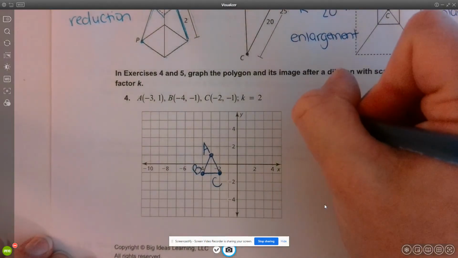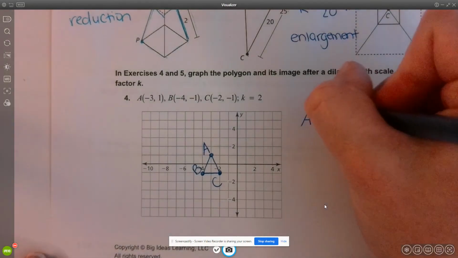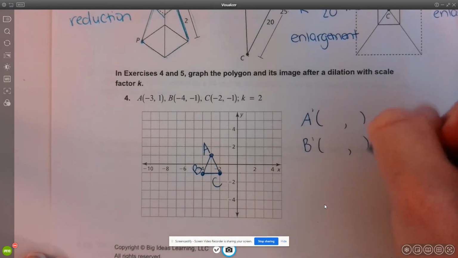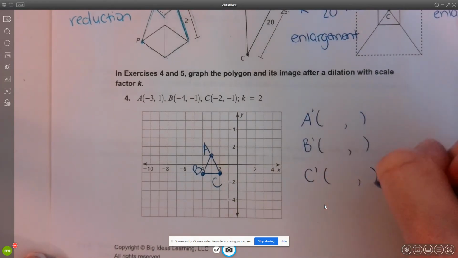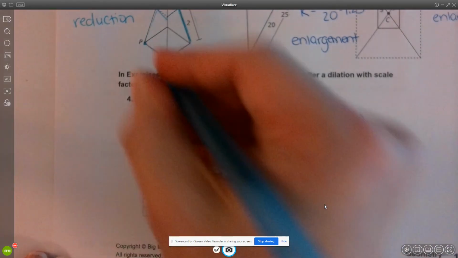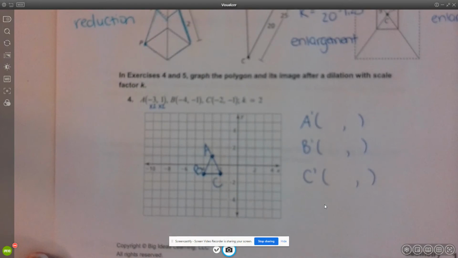So to get our new x and y coordinates of our image points, we need to take our starting x and y coordinates and multiply them by 2. So all we're going to do is multiply all my x and y coordinates by 2.